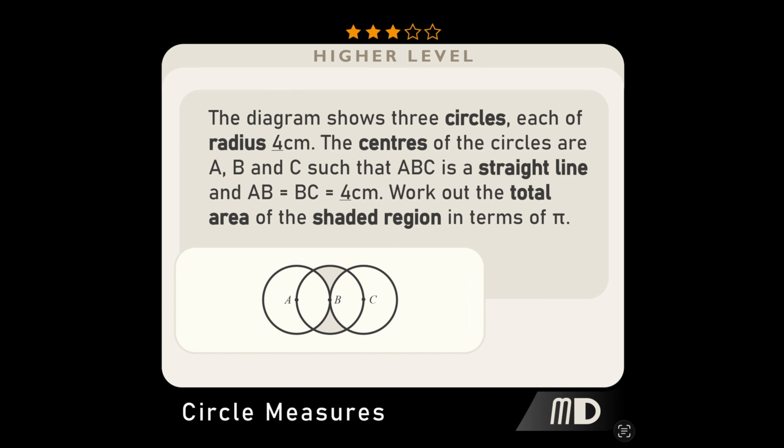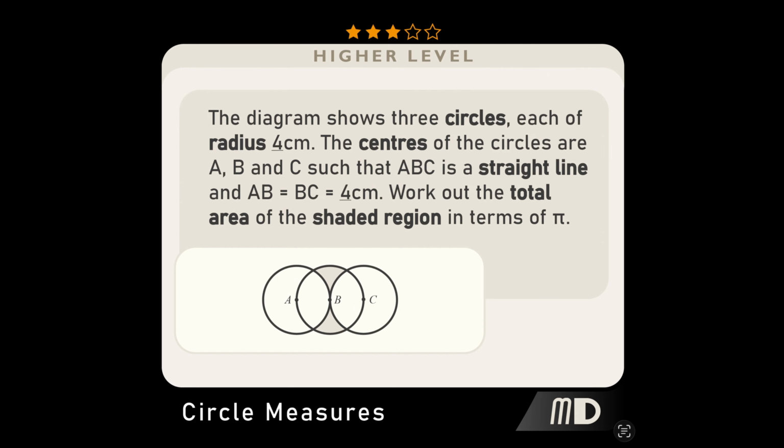Answering this question is a lengthy 6-step process. First, we need to find the area of each circle. Then, by forming a right-angled triangle between the center of the circle and the point of intersection between the overlapping circles, we can find the angle formed at the center, that we can then use to find the area of the sector, triangle, and segment inside the circles.